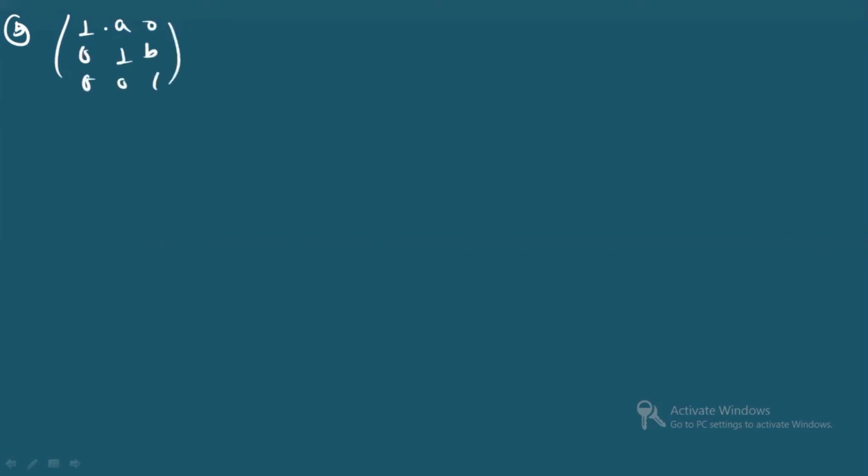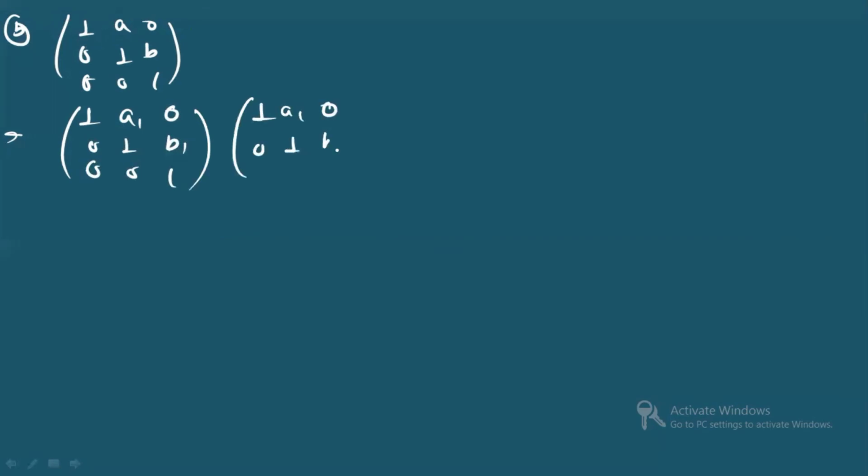So for option B we will take 2 matrices and multiply: 1, A1, 0, 0, 1, B1, 0, 0, 1, and the same with 1, A2, 0, 0, 1, B2, 0, 0, 1.